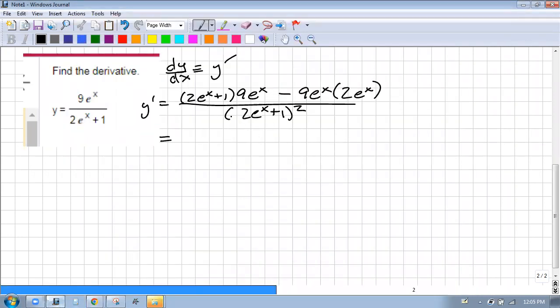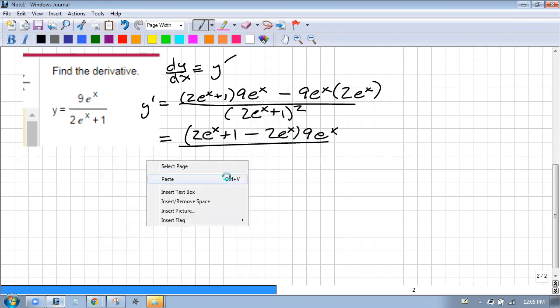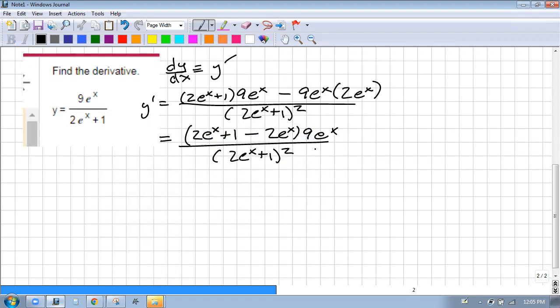Let's do some factoring. Let's see, we have 2, we'll do 2 e to the x plus 1 minus 2 e to the x. I'm going to factor out this 9 e to the x here. All right, y'all follow that step, just the algebra. I saw this shows up twice, so I just factored it out.